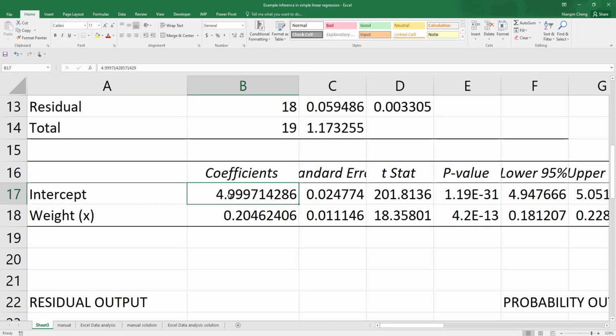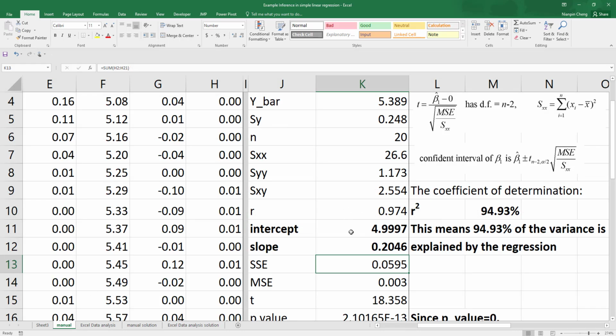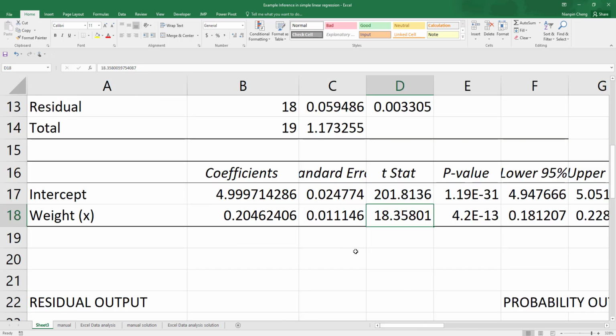So here is the inference on the coefficients. This is the intercept. This is the slope. So see, this is the t value, which is the same as what we already calculated manually, 18.358. We can do the same thing, calculate the t value for the intercept, but we're not covering that here.